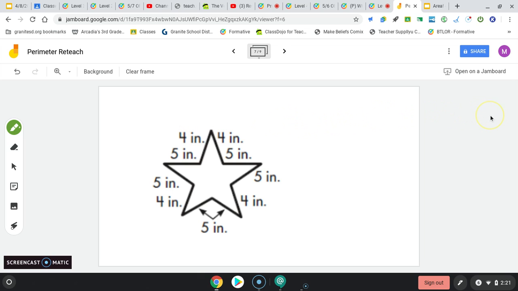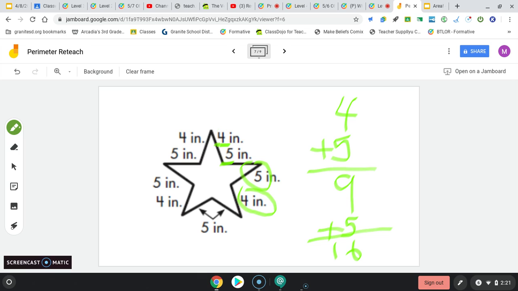Okay, so I don't know. You're going to have to choose a strategy that works for you. So you need to make sure you add them all. 4 plus 5. You could do that first, right, and get a 9. Then you could add this 5 to the 9. Okay, and then you could take this 16 and add 4 more to it, right?